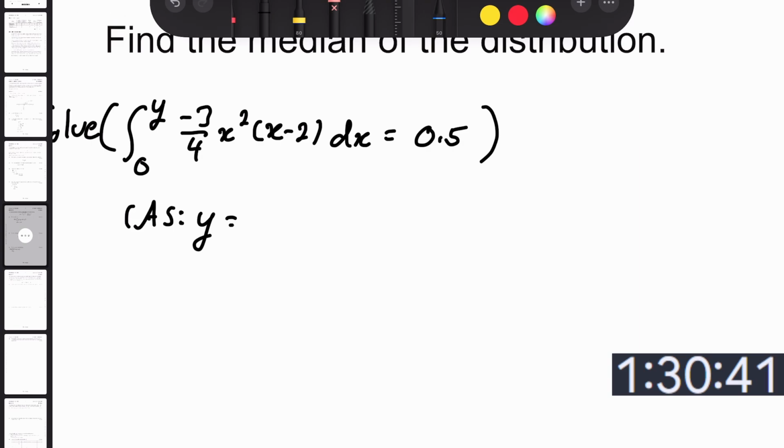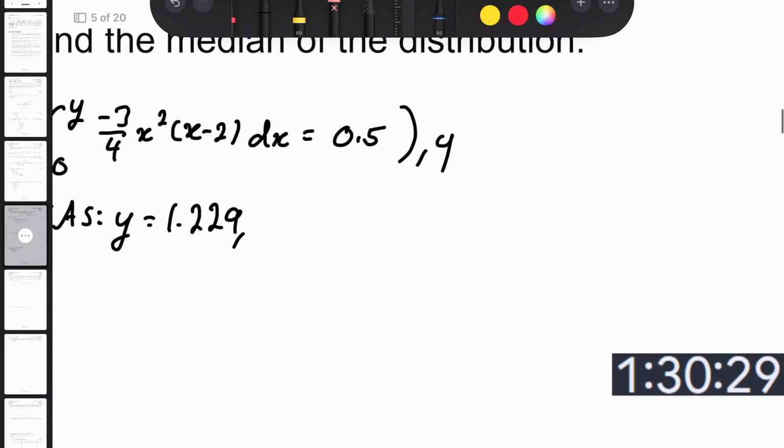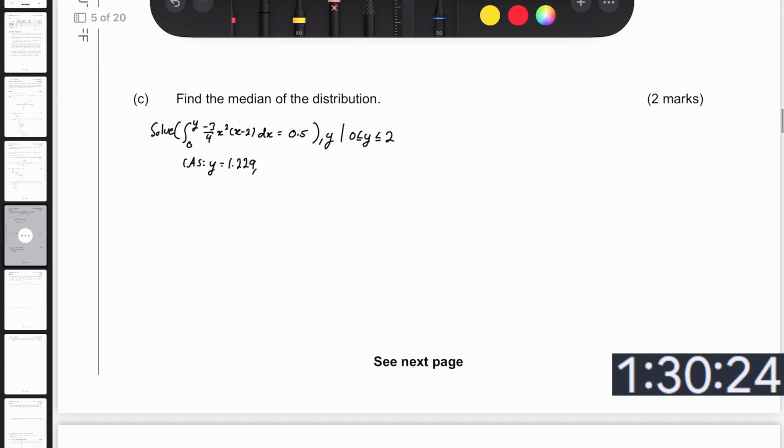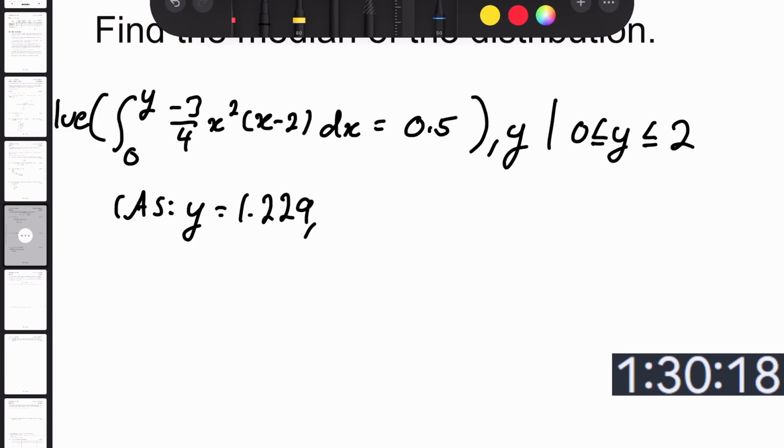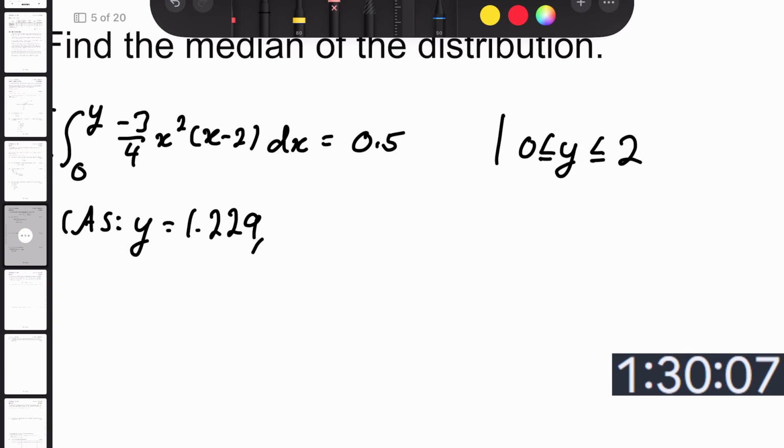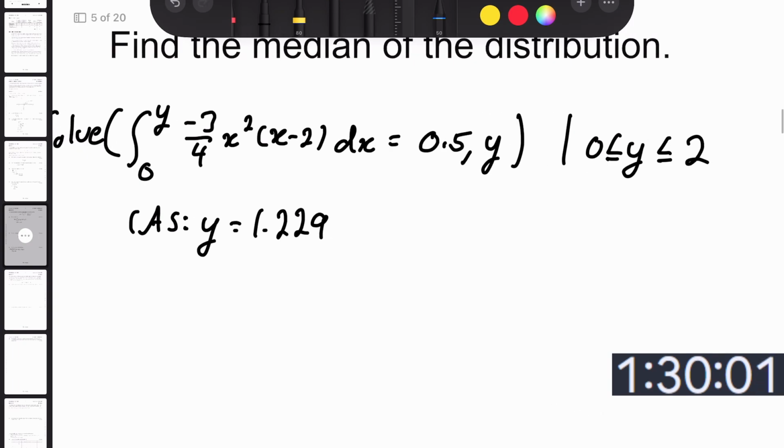I didn't put a comma at first. y is equal to 1.229 or 2, so I'll say give me y given that 0 is less than or equal to y, less than or equal to 2. So from this I get that y is just 1.229.